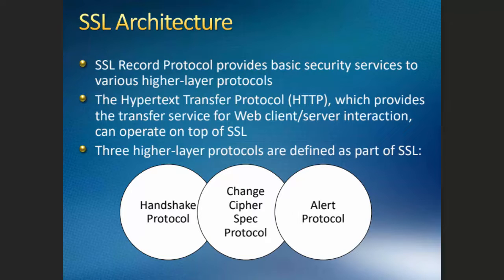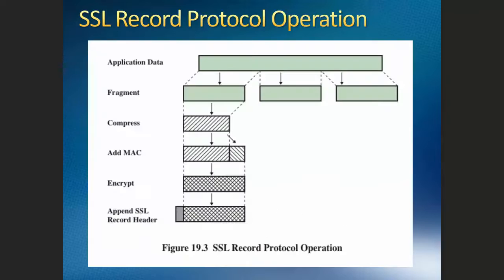That's why SSL provides security. Okay, we are not going to configure SSL, but you need to know what it's doing. So it's all about security. This is the SSL record. You have encryption, you add the MAC, you have compression. Then you add the header.